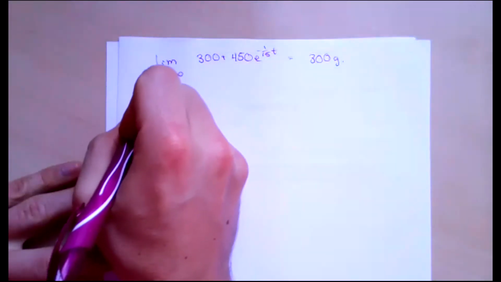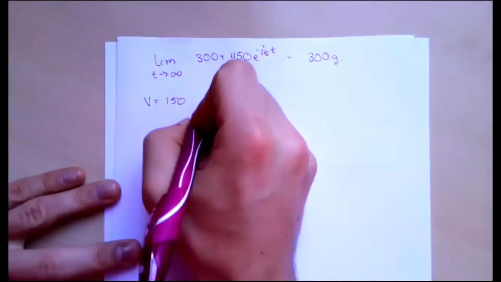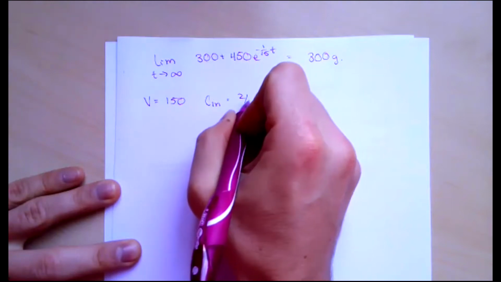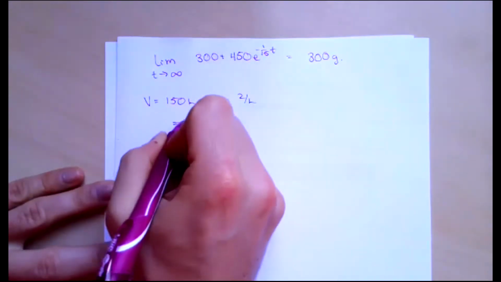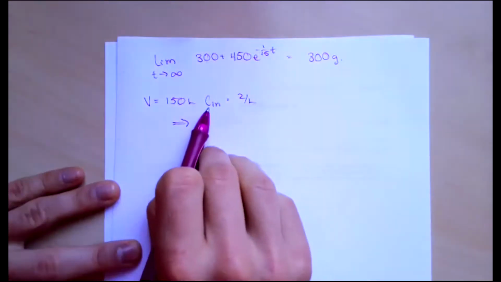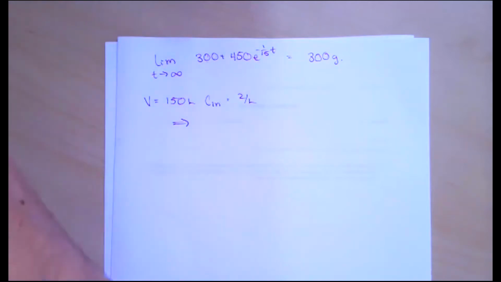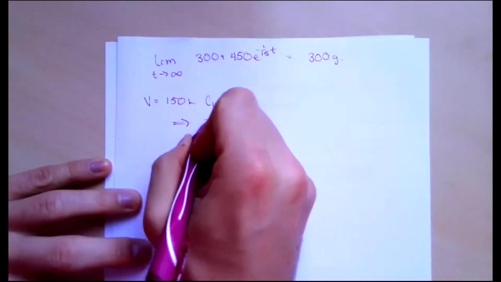Which should make sense because our volume is fixed, right? And the concentration coming in was 2 grams per liter, which implies that if I only have this concentration coming in, now taking over the entire volume of my container, how much salt should I have?